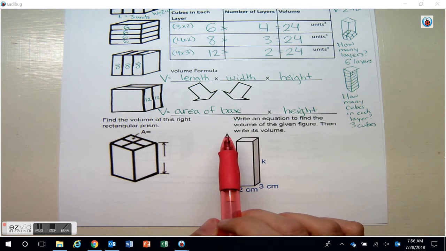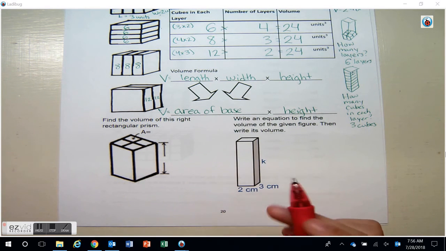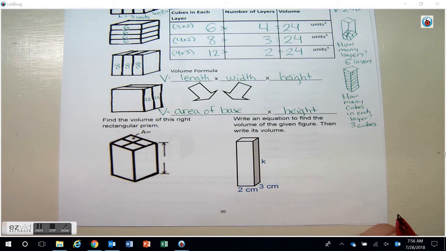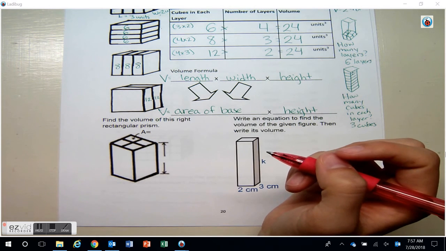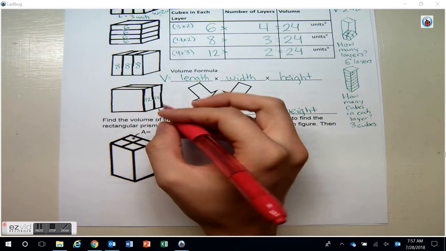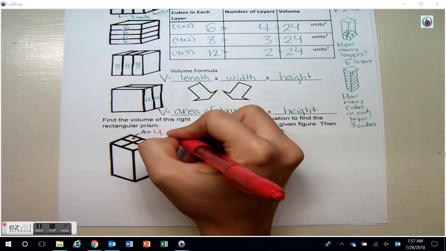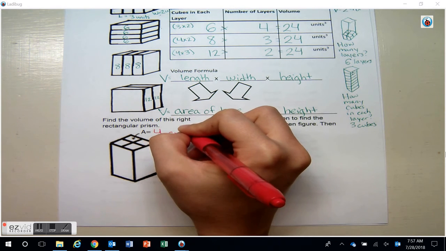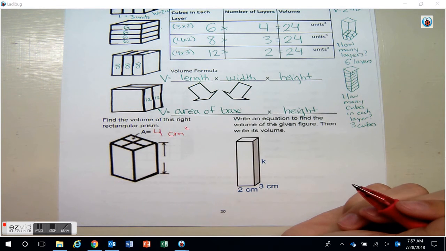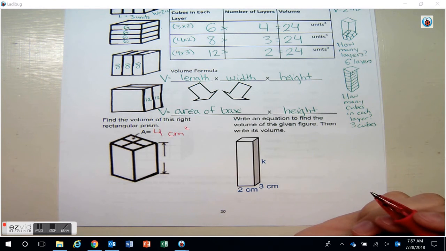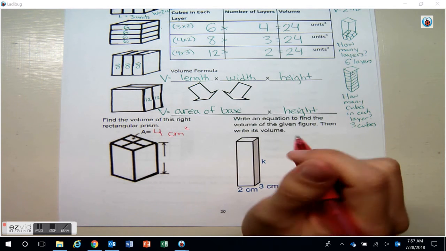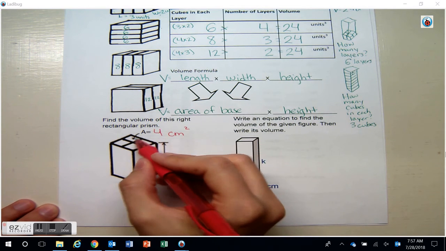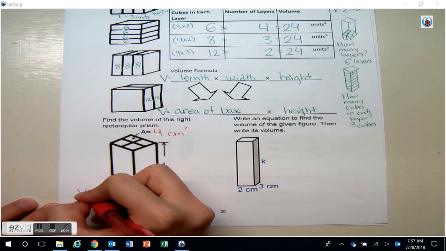So let's look at this first problem of ours, and we're going to determine which of these formulas we would like to use. I recommend always writing down the formula so that it's right in front of you and all you have to do is plug in information that you have. Well, I happen to know that the area of this base is 4, and we're going to call it centimeters squared.